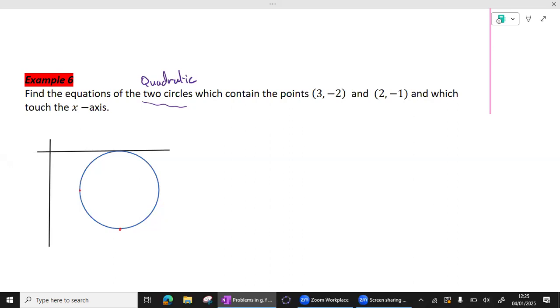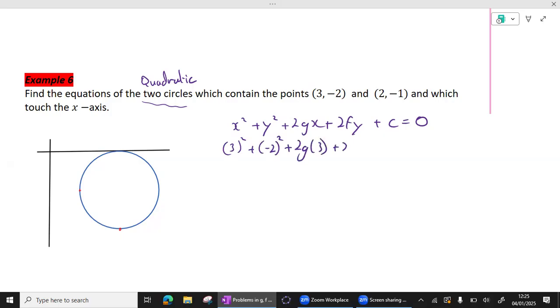Like on that last lesson before Christmas, we would normally use the general form of a circle, x squared plus y squared plus 2gx plus 2fy plus c equals 0. And what we would do is fill in the 3 there, the minus 2 there, and all the way across.